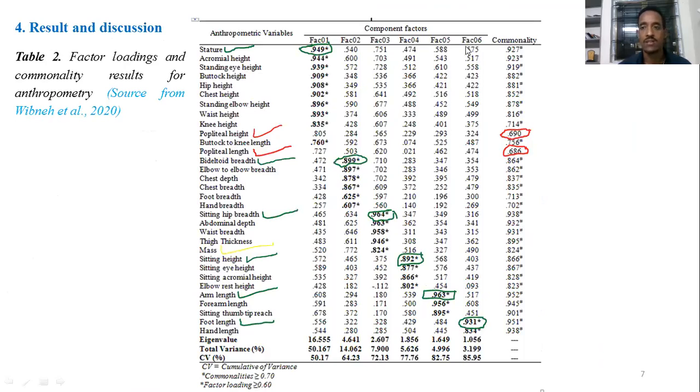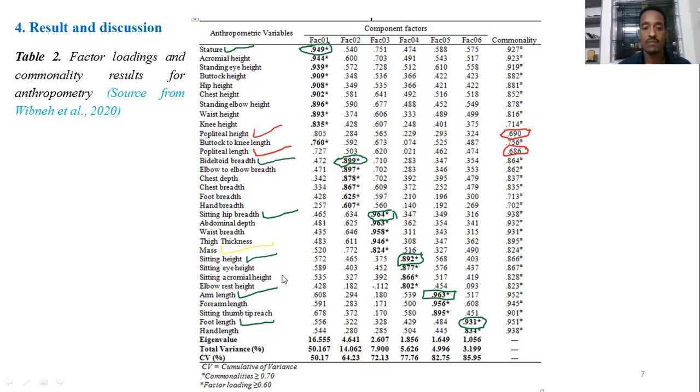After categorizing in 6 factors, variables having a higher factor loading coefficient should be taken for the minimum data set. Those variables are called predictors. Those predictors can represent their closely related variables.